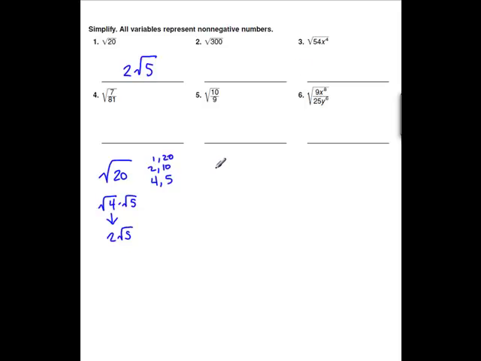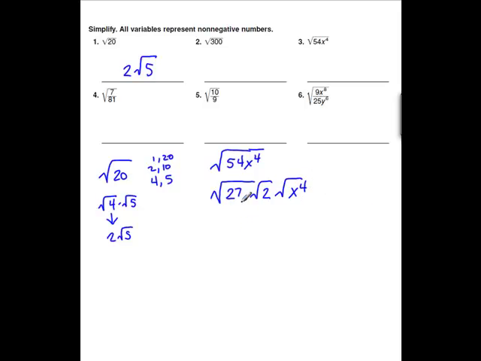Looking at example 3, we have the square root of 54 x to the fourth, and so we have an exponent here with a variable, and we're going to do the same thing as we did before. We can look at the square root of 54 as being 27 times the square root of 2 times the square root of x to the fourth.